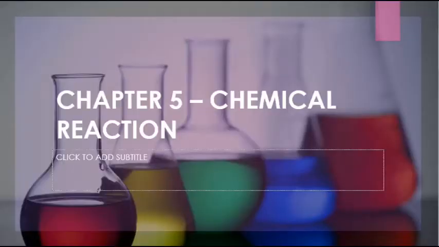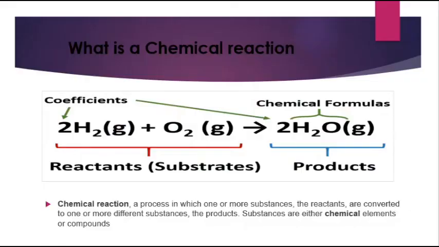Hello guys, today we'll be talking about chemical reactions. So let's get started. What is a chemical reaction? A chemical reaction is a process in which one or more substances, the reactants, are converted to one or more different substances, which are the products, and the substrates are either chemical elements or compounds.